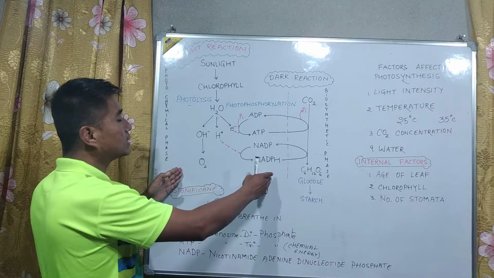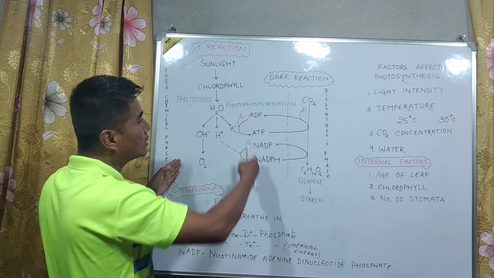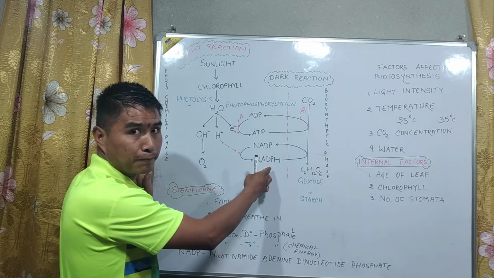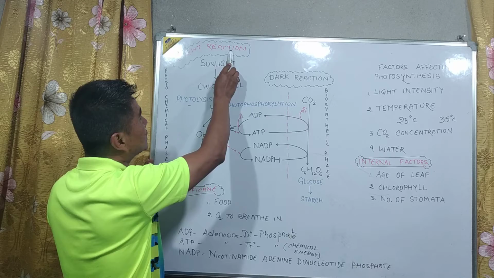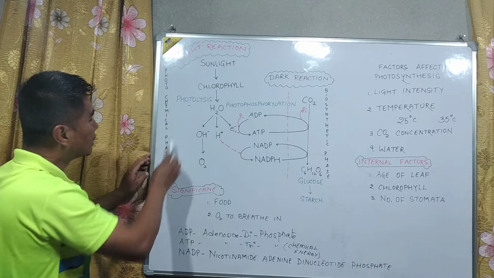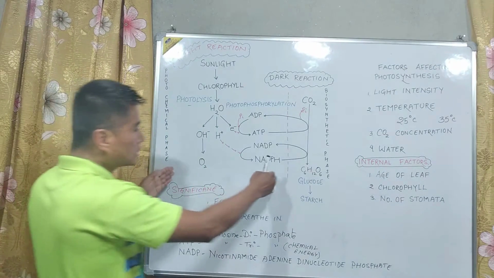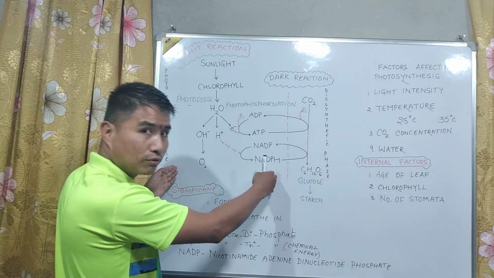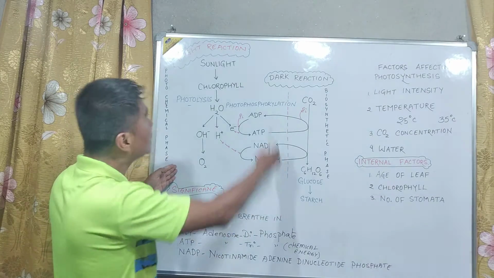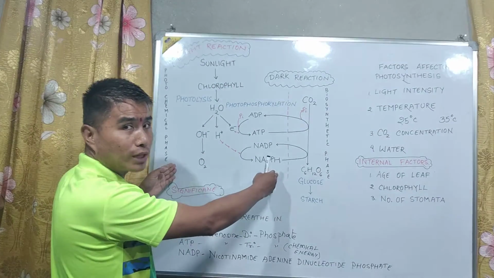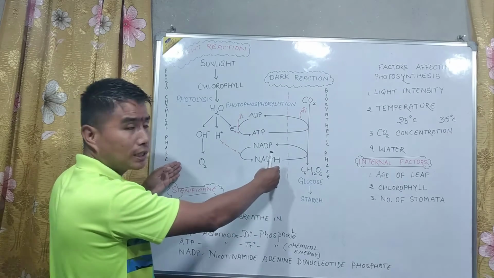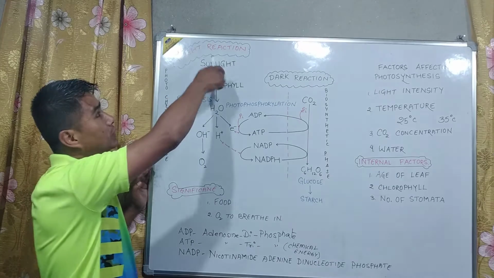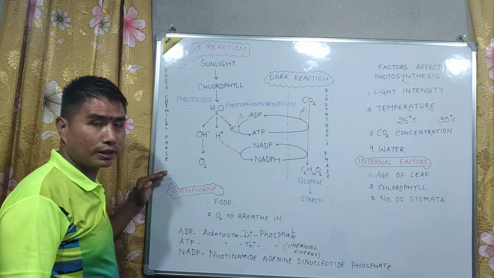The first section, in which sunlight is required to make ATP and NADPH, is known as light dependent phase or light reaction or photochemical phase.